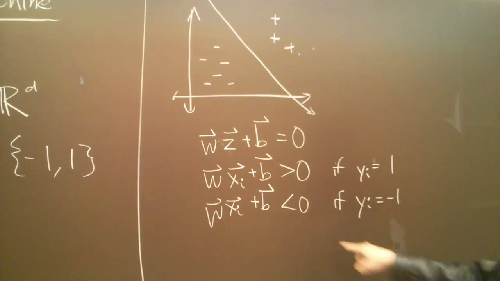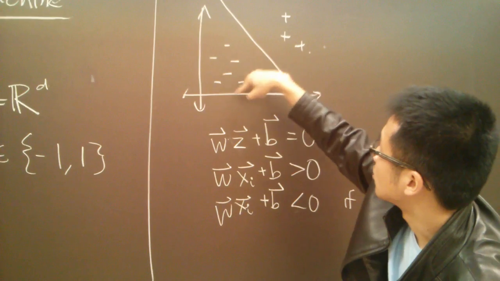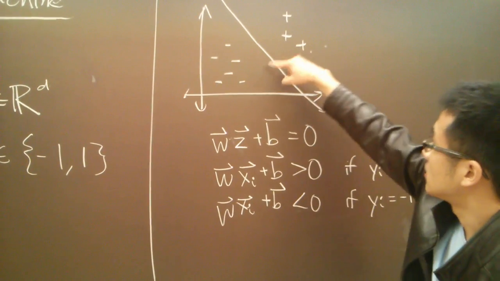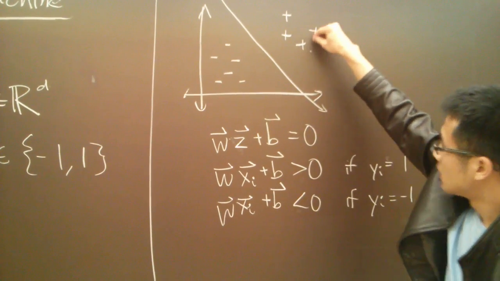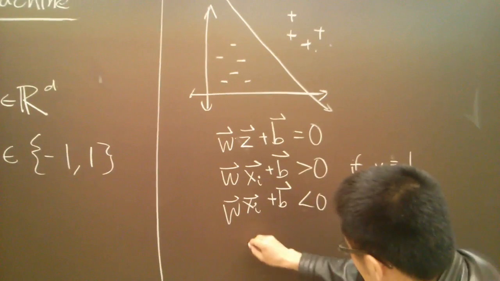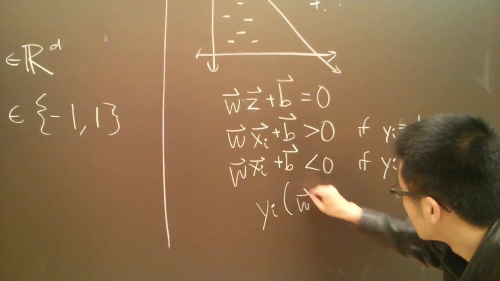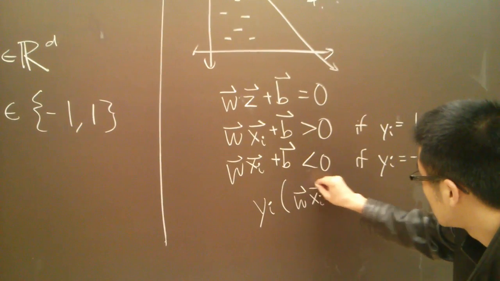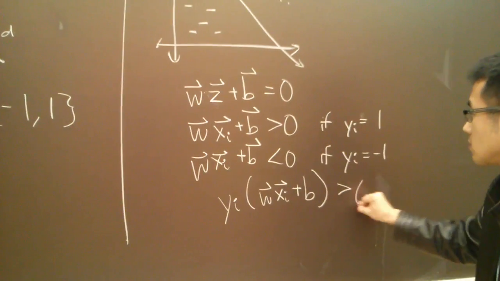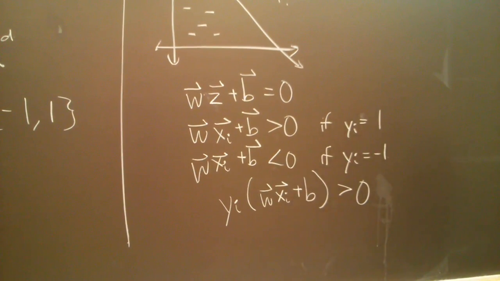If it's less than 0, then the point lies somewhere below the hyperplane, and if the value is greater than 0, then the point lies somewhere above the hyperplane. Okay, so we can put this concisely in this form: yi(w·xi + b) is greater than 0, right? Okay, so that's the idea behind a linear classifier.